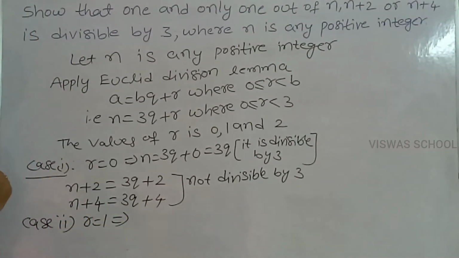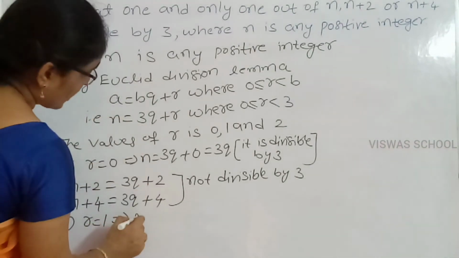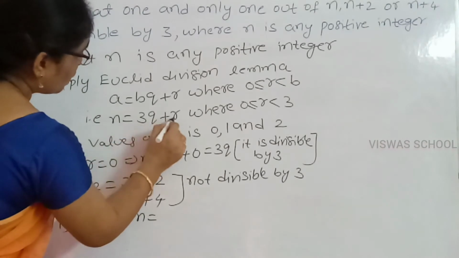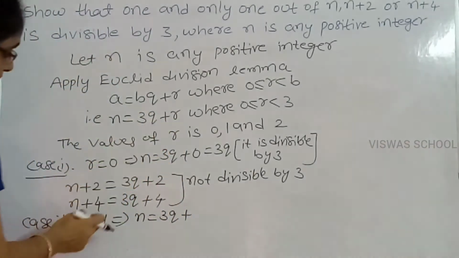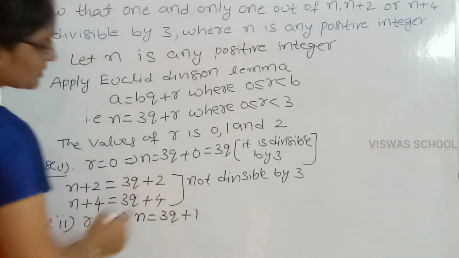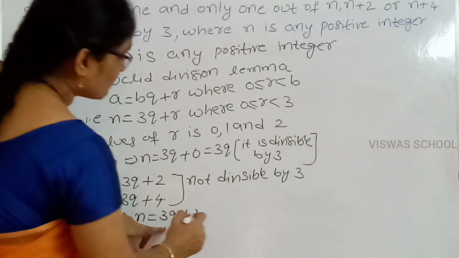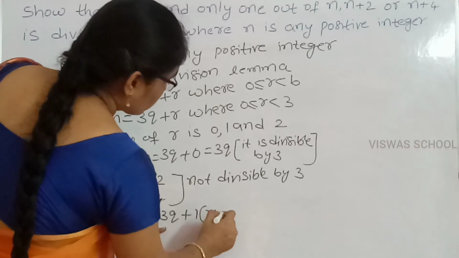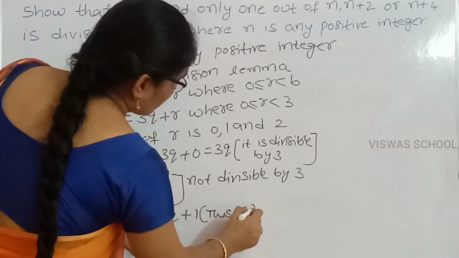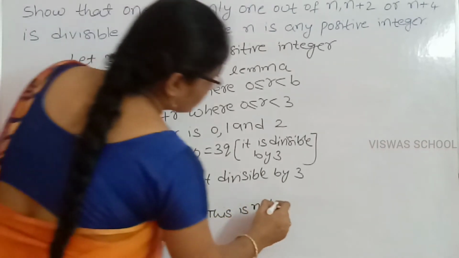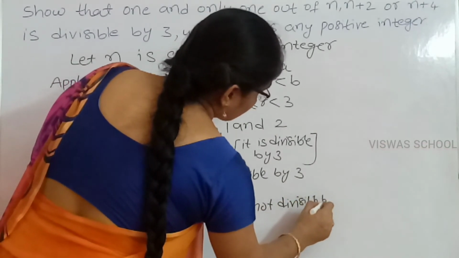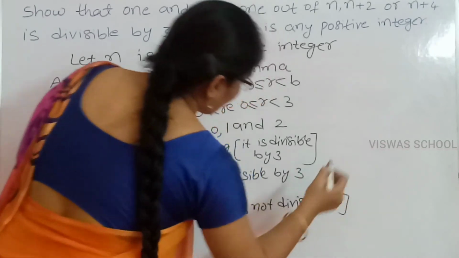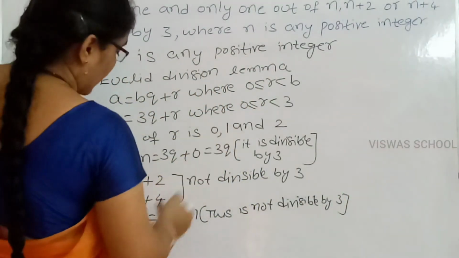If r equals 1, what is n? n equals 3q plus r, that is 3q plus 1. This is not divisible by 3. Coming to the next one, n is completed.